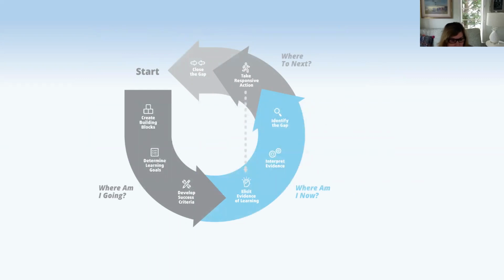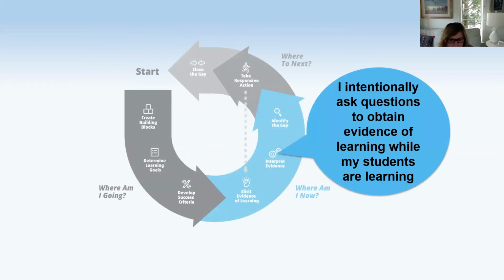So if we take a look at the feedback loop, which you're now all familiar with, grounded in these three questions: where am I going? Goals and criteria. Where am I now? The evidence that teachers are obtaining through questioning in relationship to student progress towards the goals, and then making some decisions about where to go next. So we're going to begin in this blue zone with the focus of intentionally asking questions to obtain evidence of learning while students are in the course of learning.